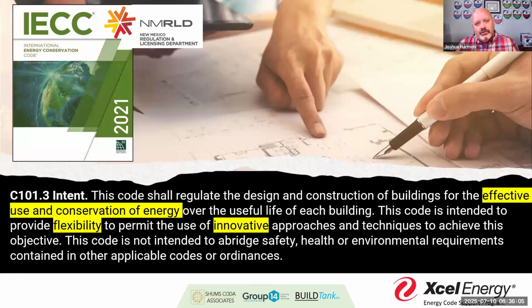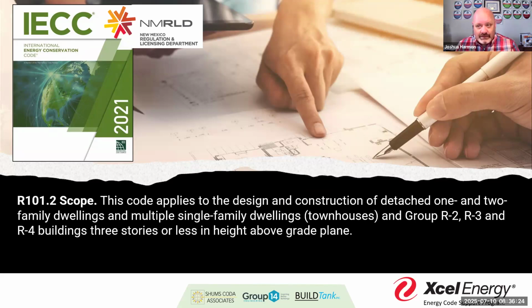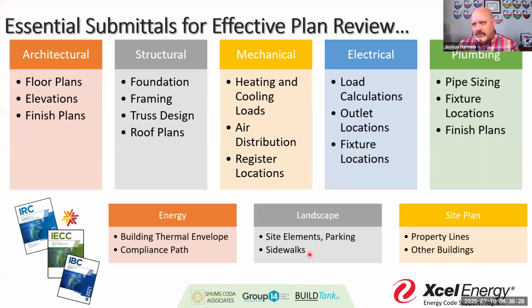So understanding the way we do plan review, again, drives us back to this conversation about energy code. We understand how we do it. We understand why we have an energy code, right? We're looking to effectively use energy and provide for flexible, innovative systems and approaches for both commercial and residential buildings with these different expectations about submittals.